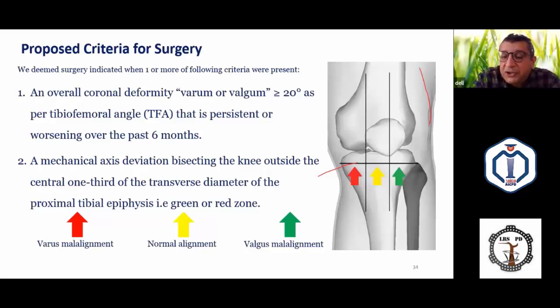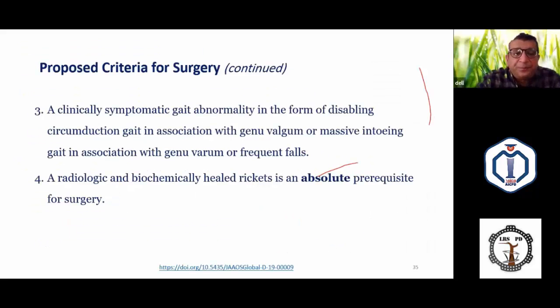As you can see in the picture, this is the central 1/3 we are talking about. A mechanical axis that is passing through the central 1/3 is our target, and we cannot intervene in such a situation. But if it passes through the medial 1/3 or the lateral 1/3, marked here by the two different colors, this is considered a mechanical axis deviation.